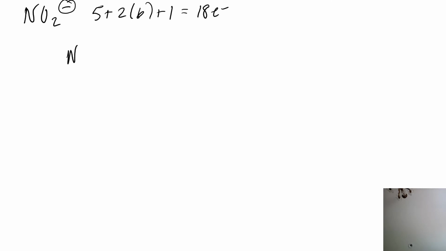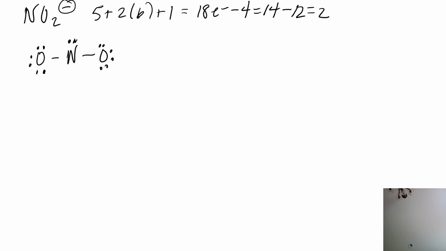Nitrogen central, I use 4, 14 left, and I'll give my terminal atoms an octet first, using up 12 of those electrons, and I finally give nitrogen the remaining 2.